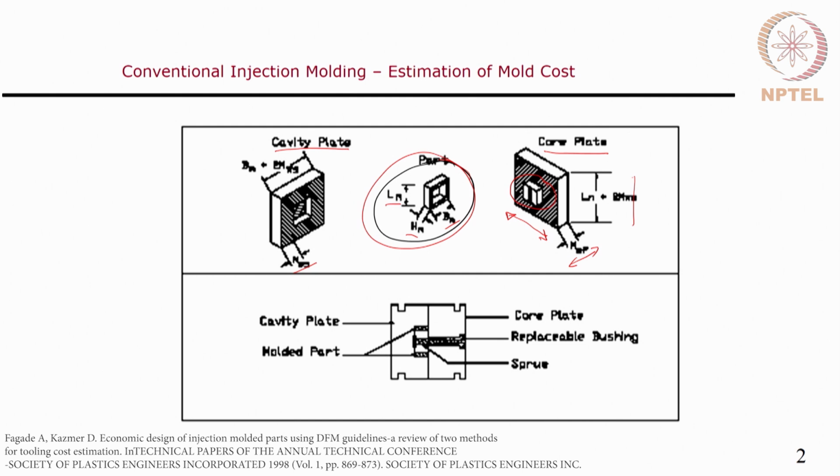The machining cost depends upon the details of the cavity and core features. The more the features to be machined, the more is the cost. And are there any side action features, like we saw some side action holes, which will also increase the cost of the manufacturing of the mold. So, we will see one by one how some of these attributes can be used to estimate the mold cost.